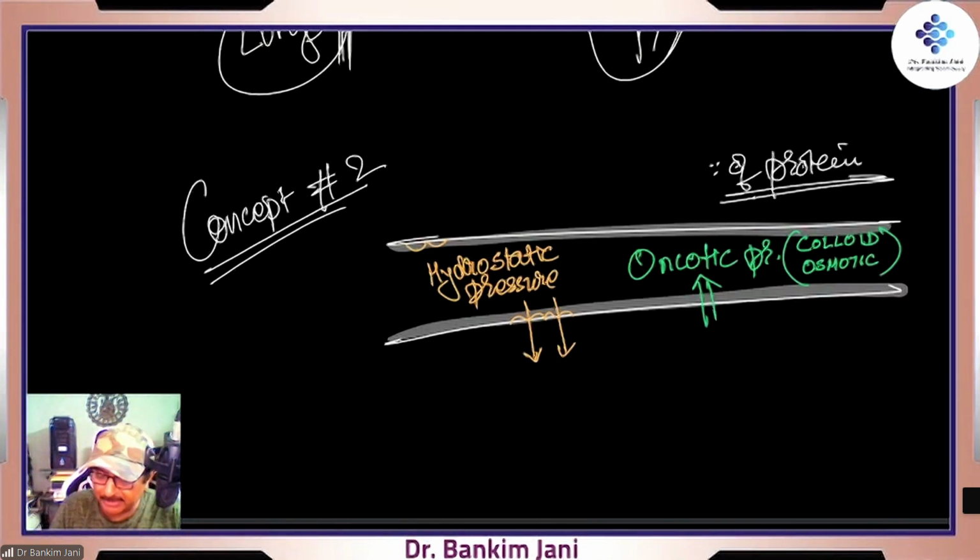This oncotic pressure is because of protein, depending on how much protein is in the blood. It is the protein which holds the water, just like hydrophobic and hydrophilic. So if there is enough protein, it will keep the fluid with it and won't let the fluid out.